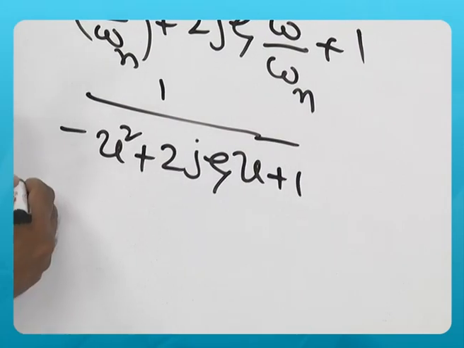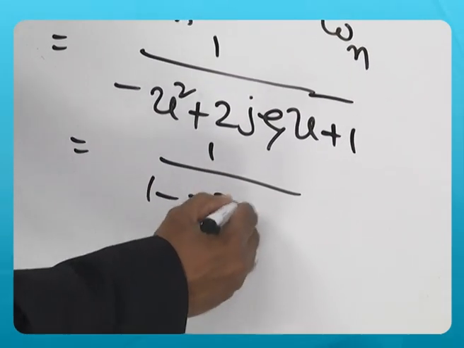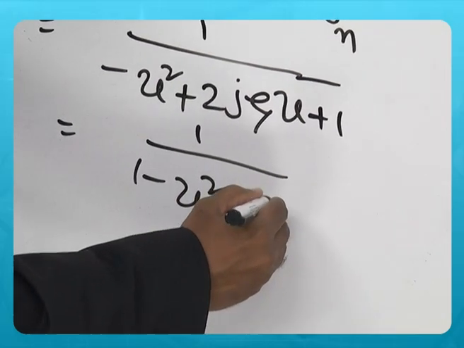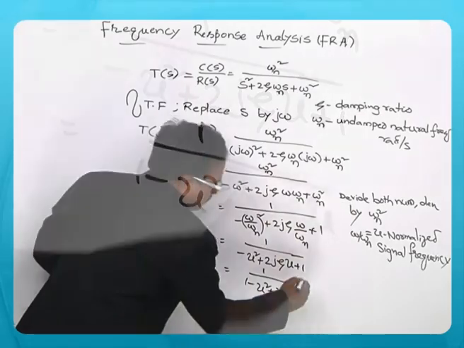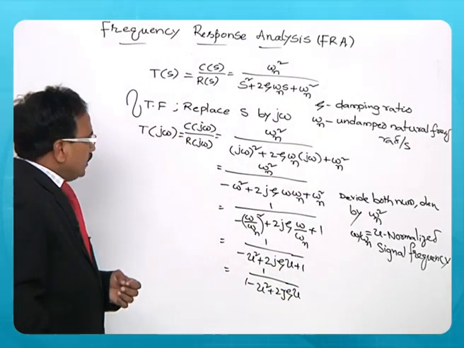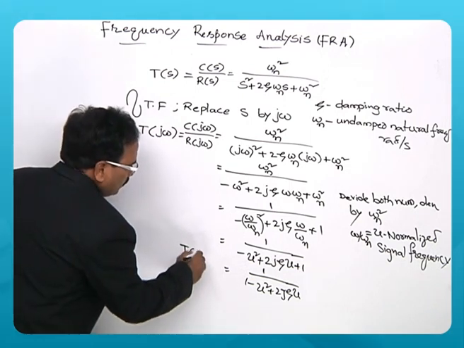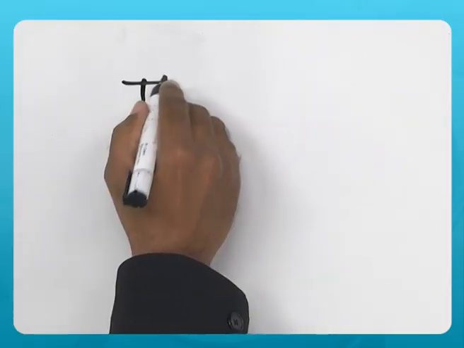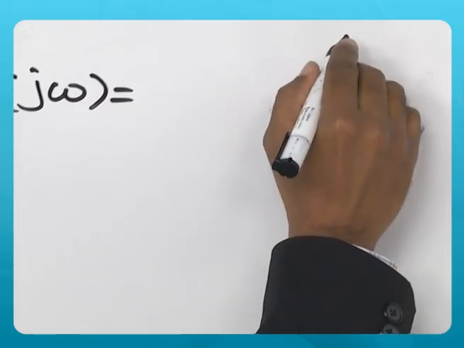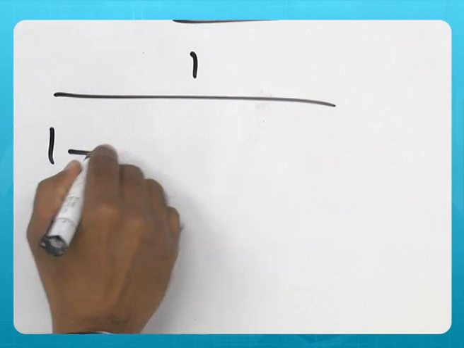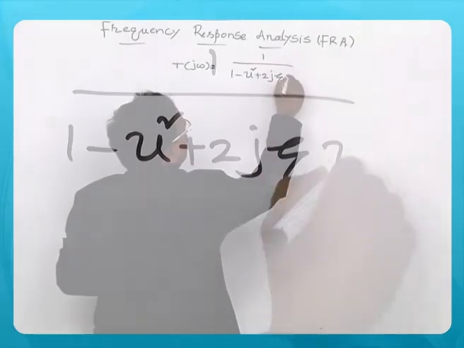You can rewrite this as 1 by 1 minus u square plus 2 j zeta u. So if you see, this function is basically T of j omega. The sinusoidal transfer function T of j omega is given by 1 by 1 minus u square plus 2j zeta u.